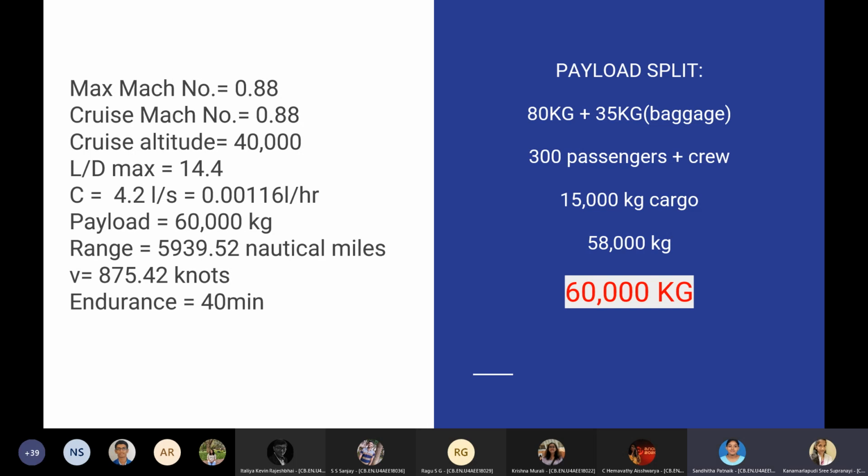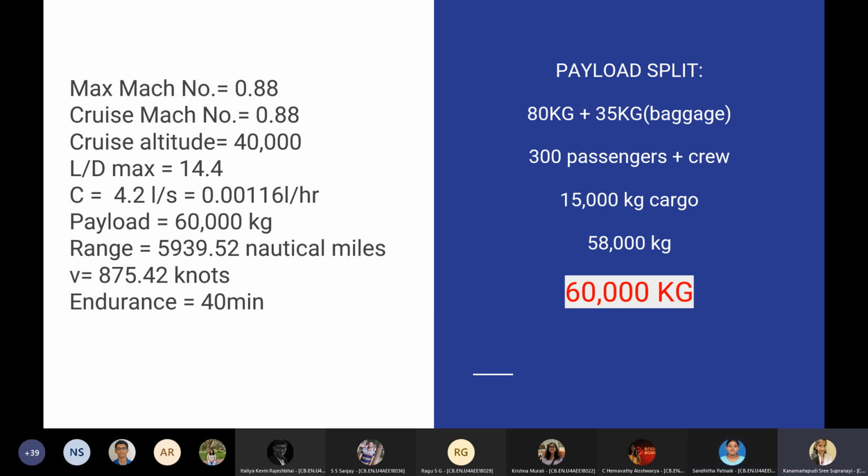And the cruise Mach number should be less than the maximum Mach number, at least slightly less. Okay, sir, yes. We'll consider that.